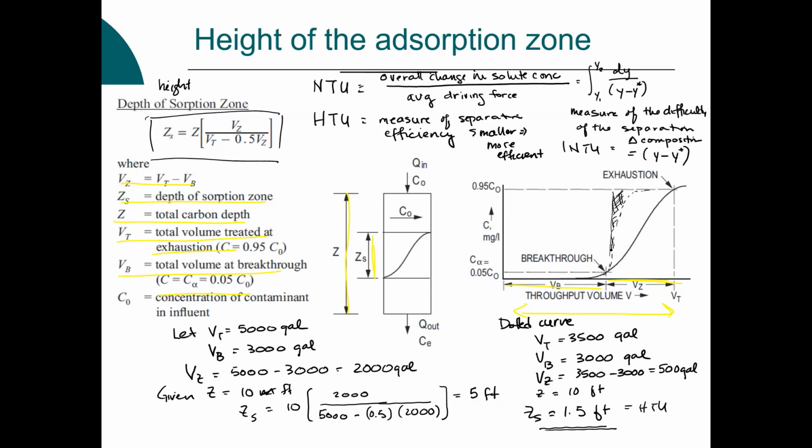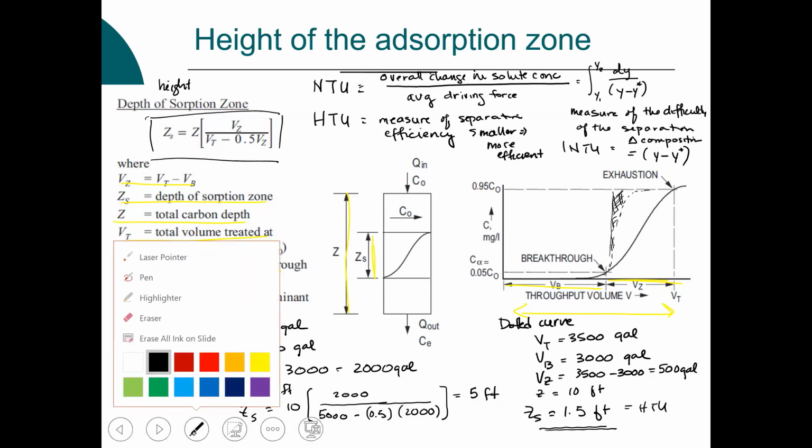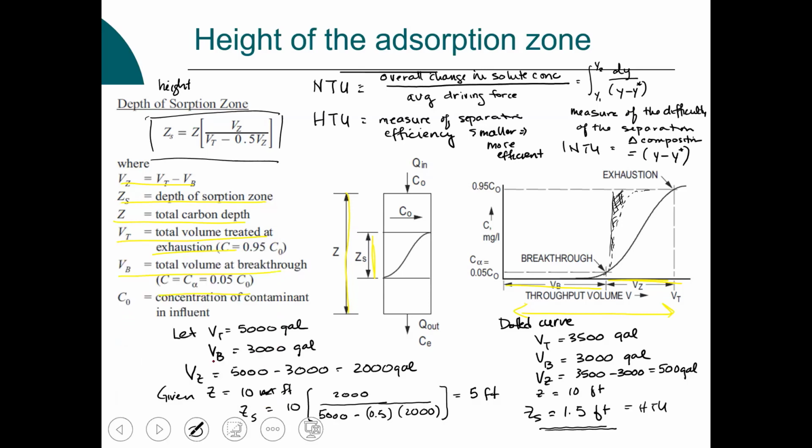On the other hand, with the first column, it's all this portion of the capacity that is wasted. So essentially, we can't use that capacity because we have to shut off the treatment at breakthrough.